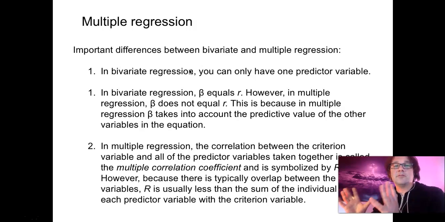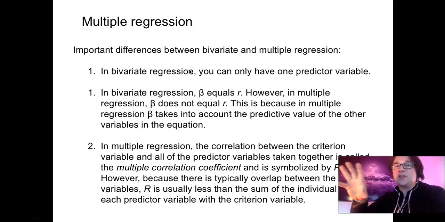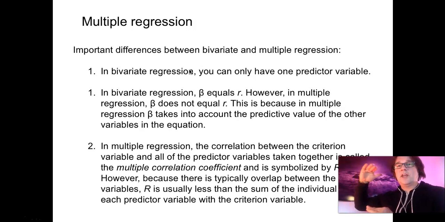But each model, when we run multiple regression in SPSS, is going to give you this multiple correlation coefficient, capital R, that says all of your variables together is explaining this much of your y-scores. So it's telling you how much of your criterion variable is predicted by all of your variables taken together.